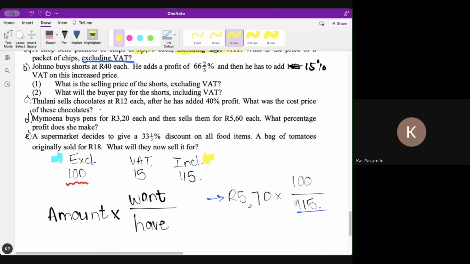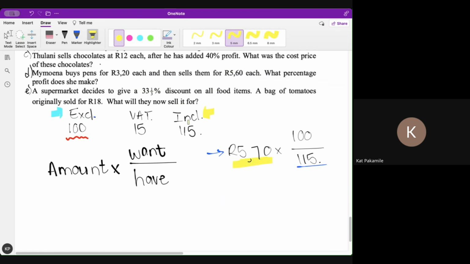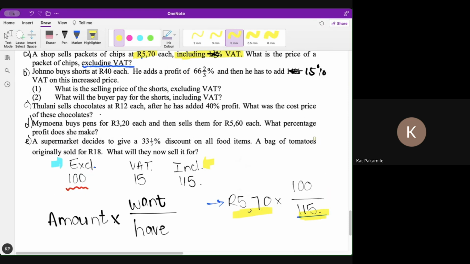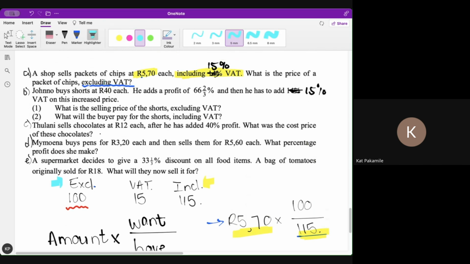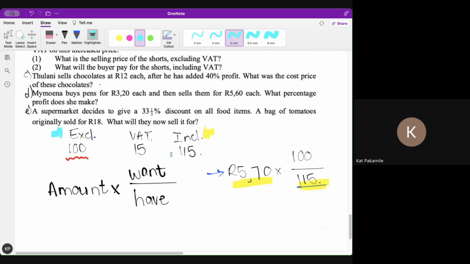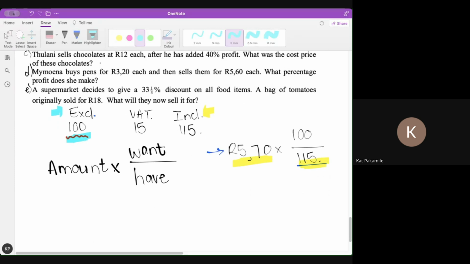So that is why this 5 rand 70 corresponds with the percentage of including VAT. And then what you want goes at the top, which was the price excluding VAT, which is this 100. Can I have a thumbs up, thumbs down on this method? It sounds complicated, but trust me, when you get it, you will not lose it again.